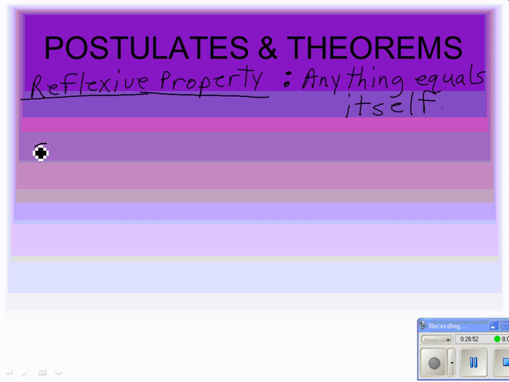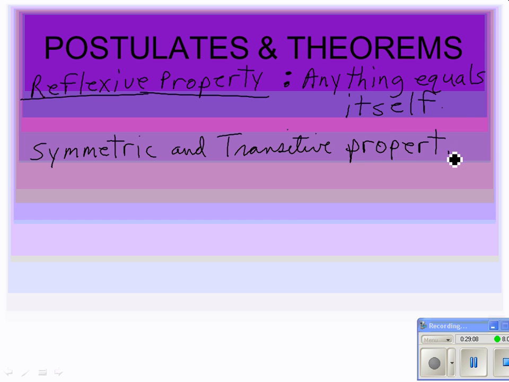The next two, I'm going to put these two together. Symmetric property and transitive property. Remember symmetric property, we just got done doing this a second ago. Chase told us what it was at the end of that two-column proof. What does the symmetric property do?